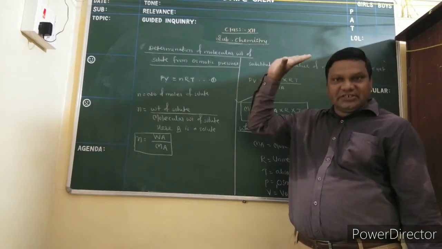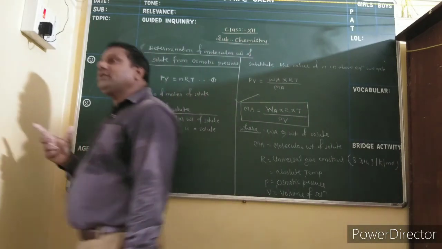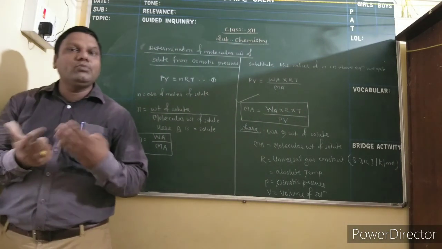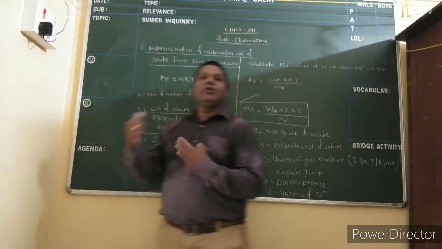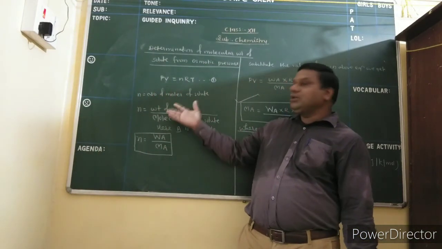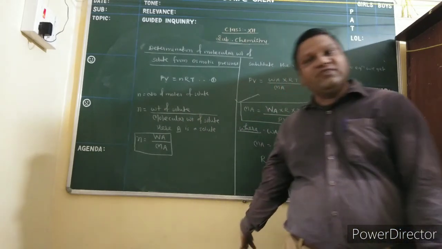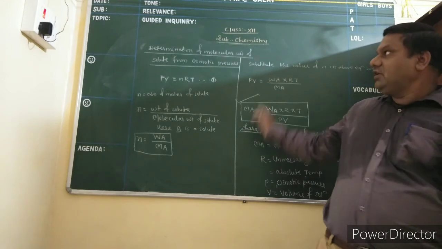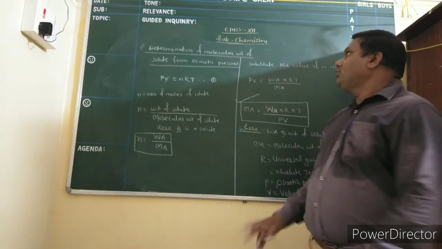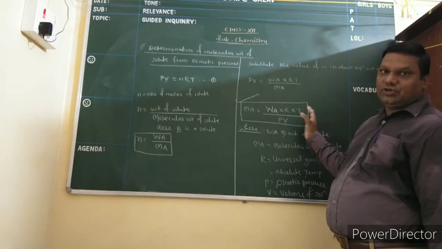It's an ideal gas equation. और आपको n की वैल्यू पता ही है. n is the number of moles, and number of moles means weight of solute upon molecular weight of solute. So WA upon MA, put this WA upon MA in the PV is equal to nRT equation. So you are getting MA easily. Okay. So this is the determination of molecular weight of solute from osmotic pressure. Okay. Note down this.